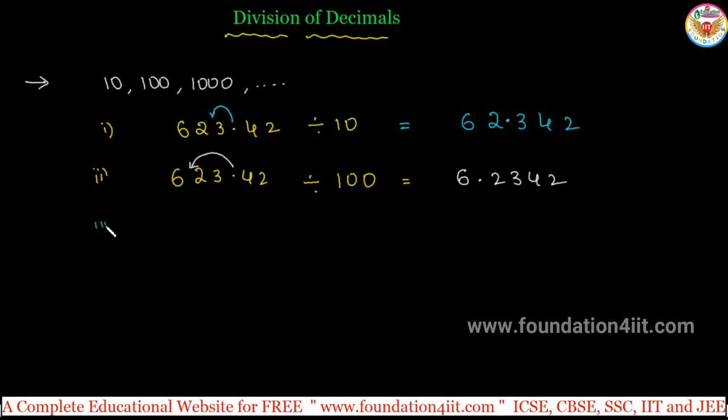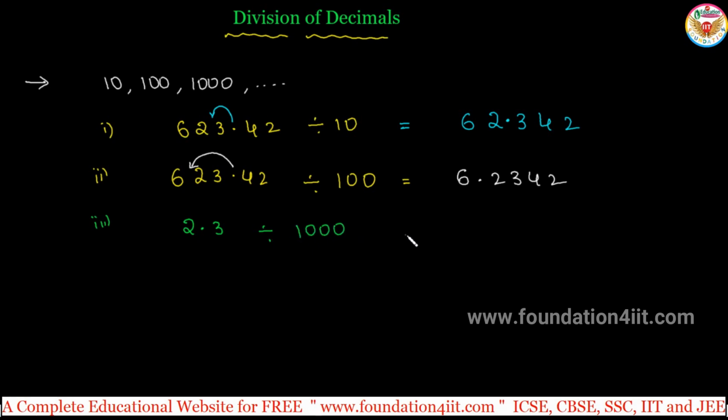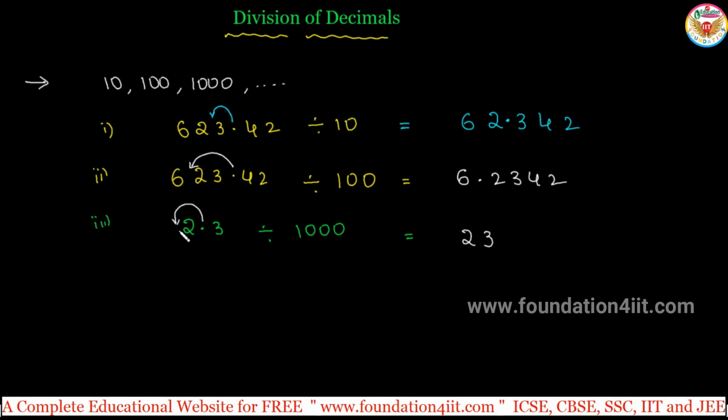Okay, see another easy example. 2.3 divided by 1000. In that case, without the decimal, this number is 23. Now the point should shift to the left three places. Here there is only one, but we need two more places.